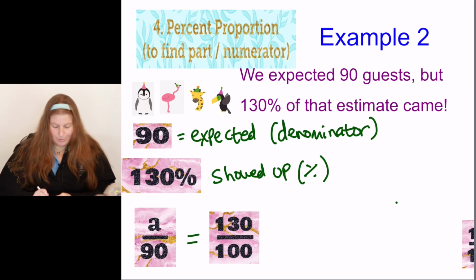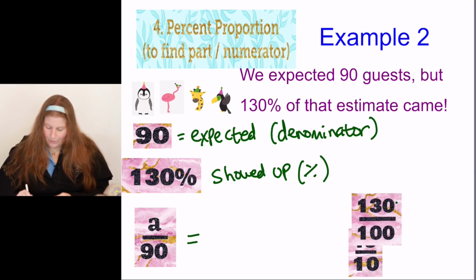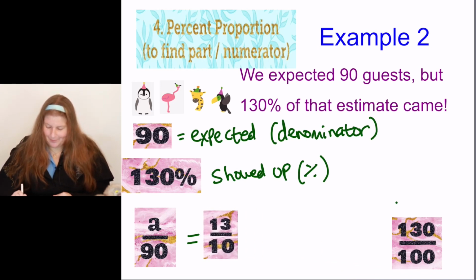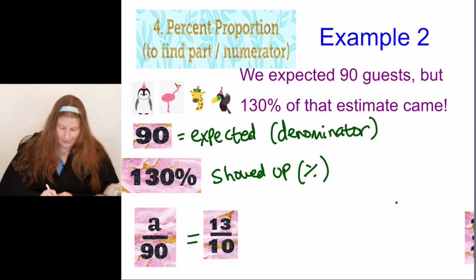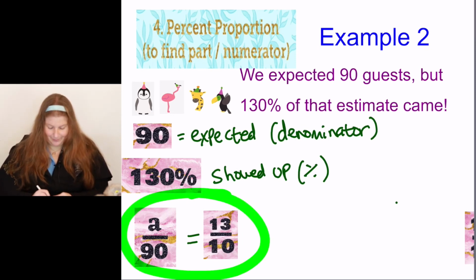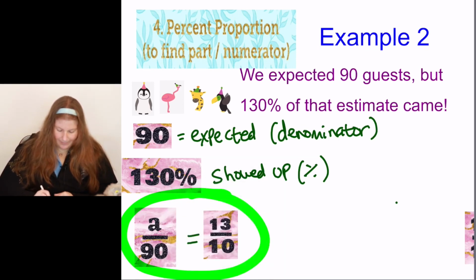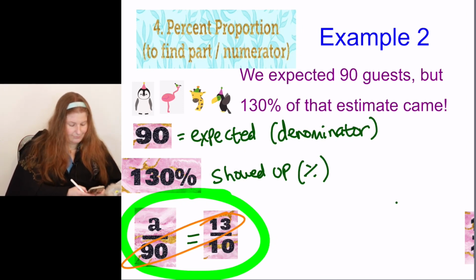I could cross multiply this and do 90 times 130 and a times 100. I'm going to make this a little bit easier on myself. I know that 130 over 100, if I divide both the numerator and the denominator by 10, I get 13 tenths. So I'm going to use that instead. So that's step 1, I have written this percent proportion equation. Let's do step 2, shall we? First, I'm going to multiply 90 by 13 in my Muggle calculating device.